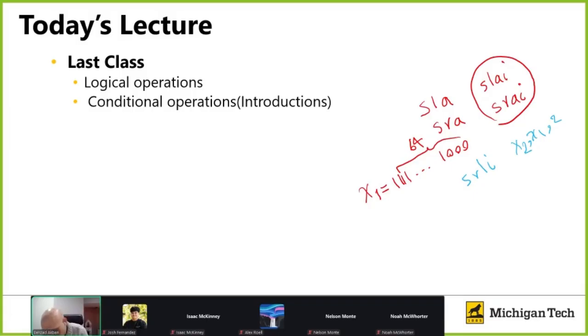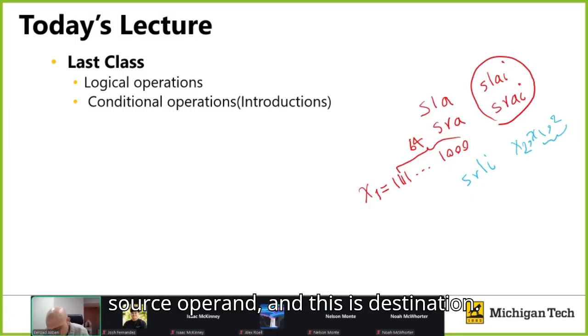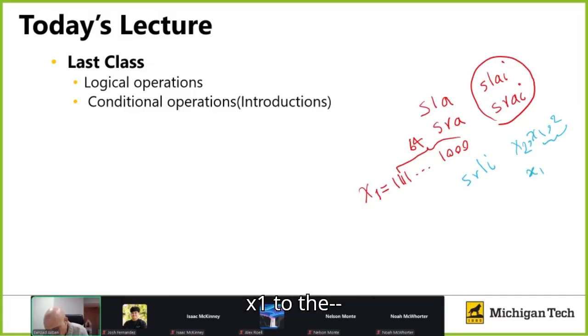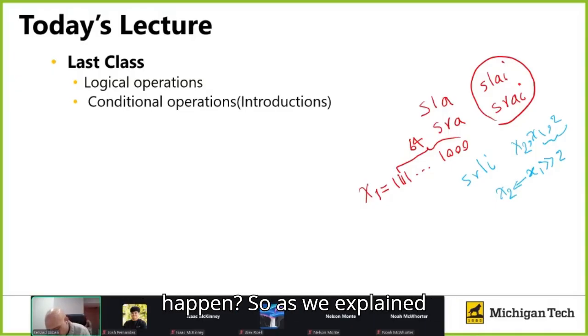Okay, they are all operands. These two are source operands, and this is the destination. So we are shifting x1 to the right 2 bits and putting the result in x2. Okay, so we want to do this operation. So what's going to happen?